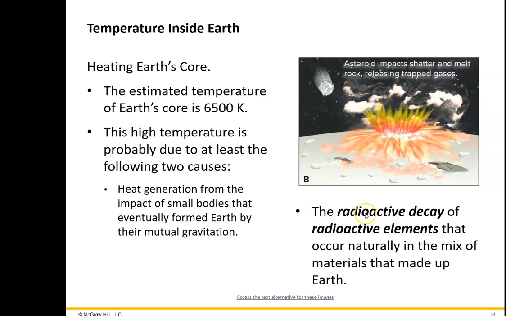And when something is radioactive, like for example uranium-238, which is the most common form of uranium that you find on the planet Earth, when uranium-238 undergoes radioactive decay, it changes into a new atom, but in addition to that, it releases heat. All radioactive substances release heat as part of what they do.